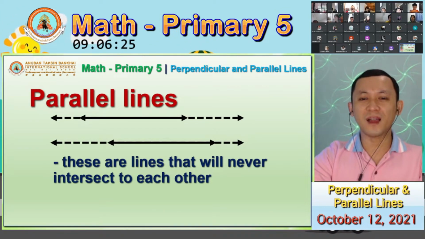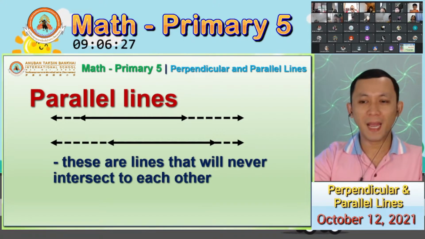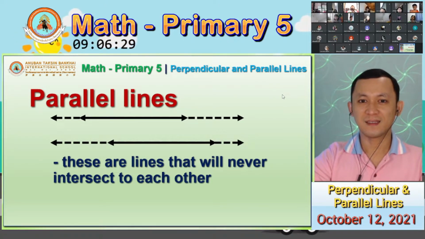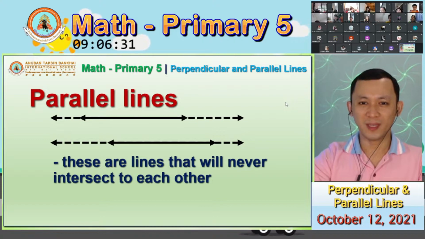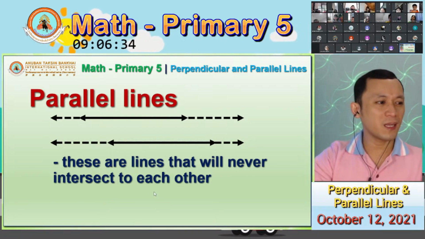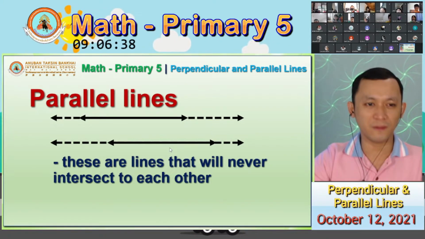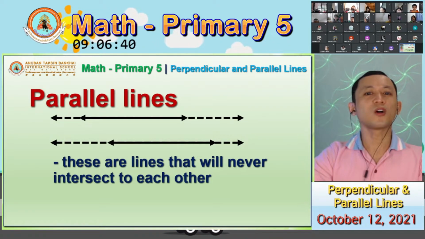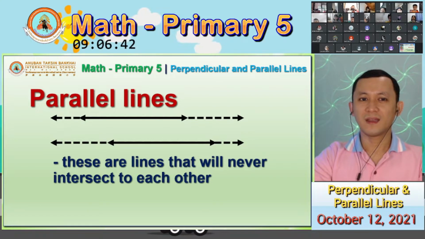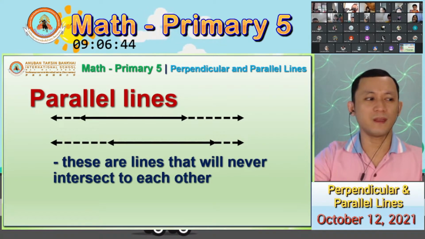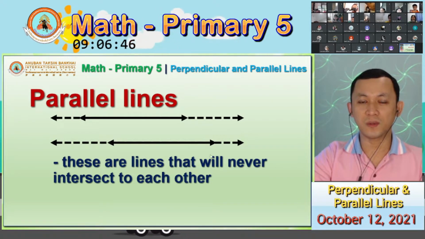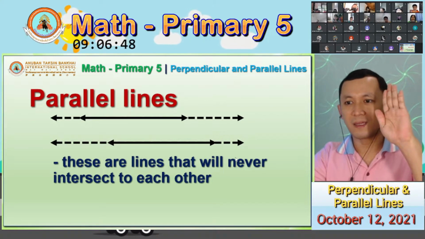Okay, so these are parallel lines. These are lines that will never intersect each other.